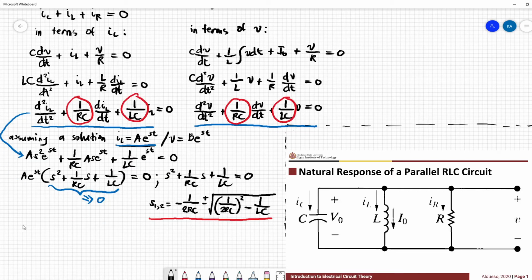We introduce new variables. We have alpha equal to 1 over 2RC, which is called the neper frequency. Then we have omega naught, equal to 1 over the square root of LC, which is called the resonant frequency.